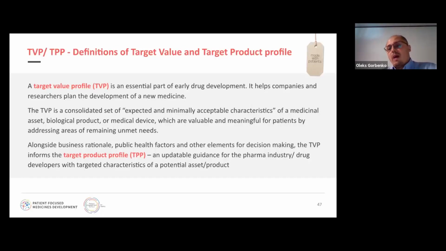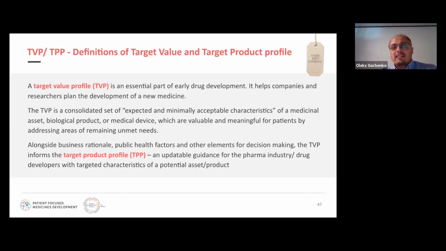And why we're moving from the definition of target product profile to target value profile is for general environmental reasons. Over the last decades, pharma has been moving from product-centric models to patient-centric models. And if you're moving to patient-centric models, we're talking about value. We're not talking about product. We're talking more about service and values associated with delivering this treatment, which is absolutely the right way to do it.